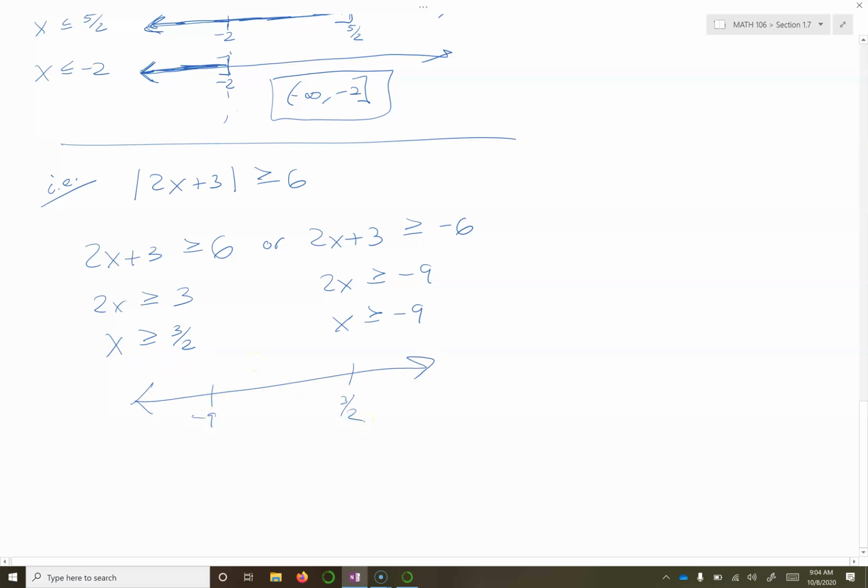The one solution is going to be starting here and going this way, but the other solution is already starting over here. So the only overlap is when we're going greater than or equal to 3 halves. So my final answer here is 3 halves with the bracket, positive infinity. Okay?